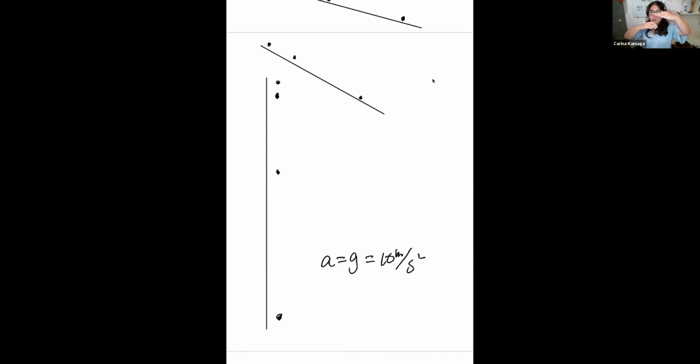So the falling distance will not be in constant increments. It's going to be bigger and bigger by t squared.